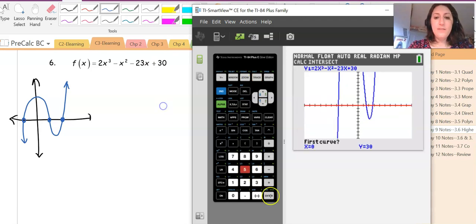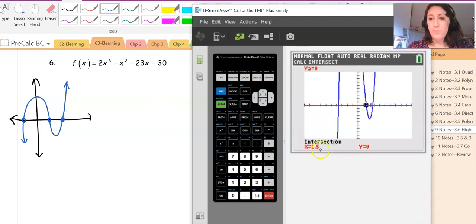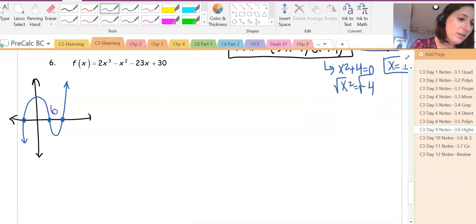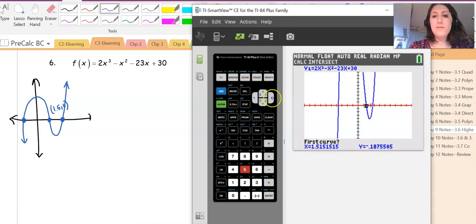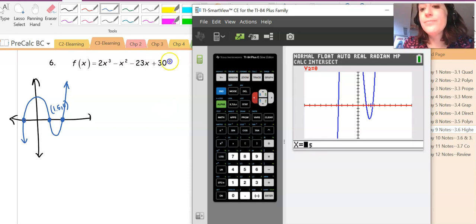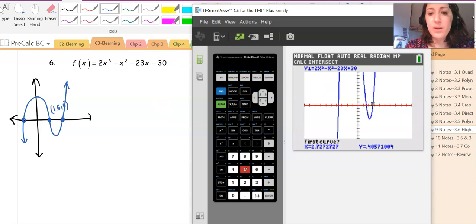Second trace 5, enter, enter, enter. 1.50, okay. Do it again. Second trace 5. Oh, I don't know what that is, do you? Let's look at the other one.